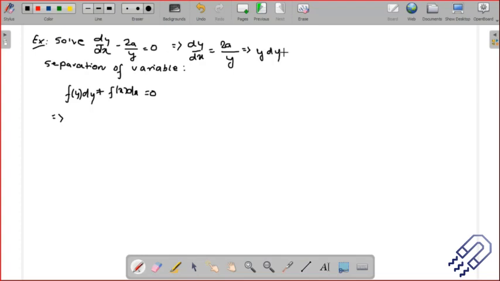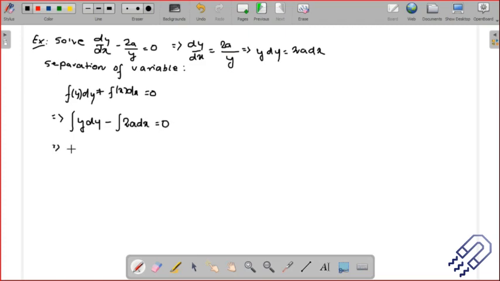This will be y dy is equal to 2a dx. So I've separated it out, and I can simply integrate this. I can write it as integration of y dy, take 2a dx on the other side, so it will be minus integration of 2a dx. This is equal to 0.